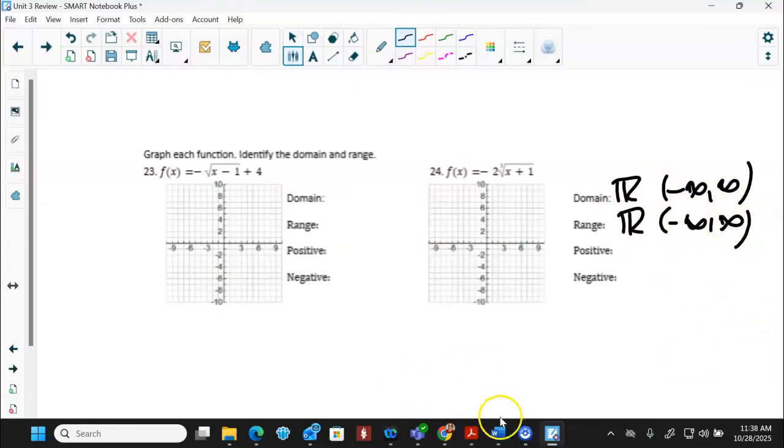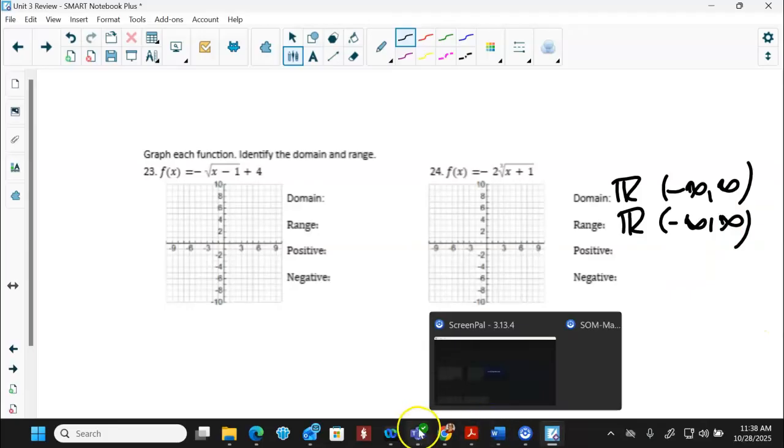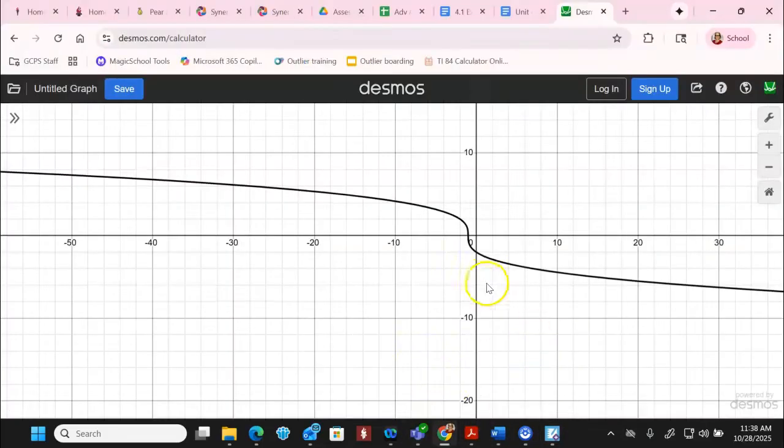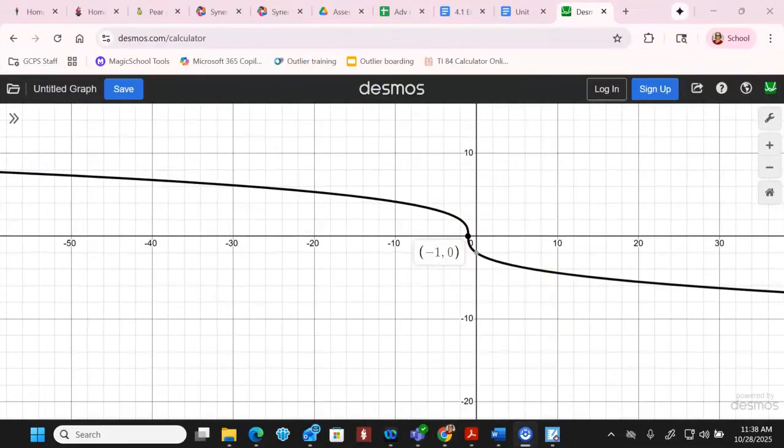Now again, how do I determine positive and negative numbers? It's when they transition. So right here at -1, which is your x-intercept, this is where it transitions. So these are all negative because they're below the x-axis. These are all positive because they are above the x-axis, okay? So how do I write that?